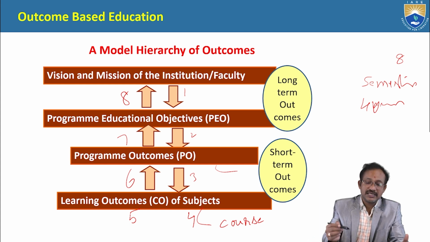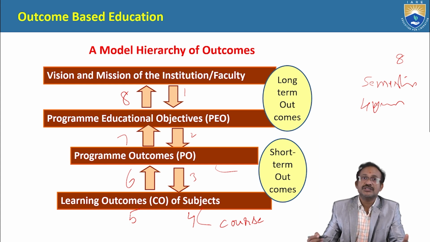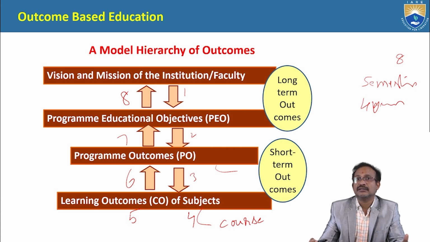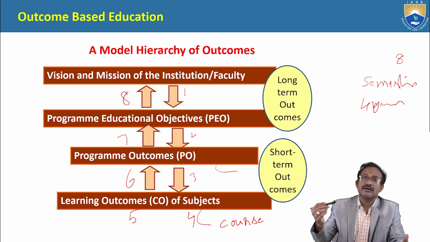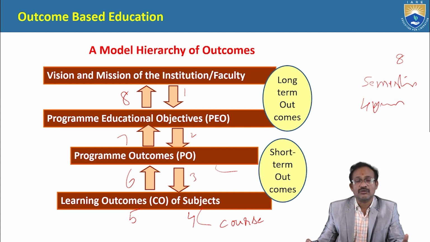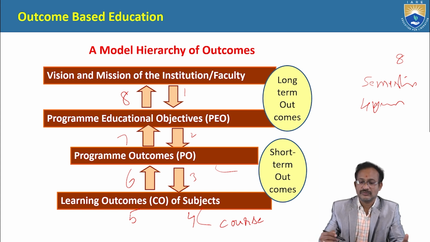okay. And at the same time, every institute will have some vision, okay. So let us say today we have started this institute with particular domains or specializations, and with intake of, let us say, some 120 or 240. So vision is a long term outcome, okay. Already we have depicted here.